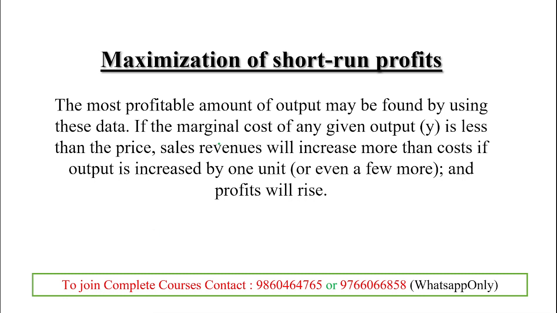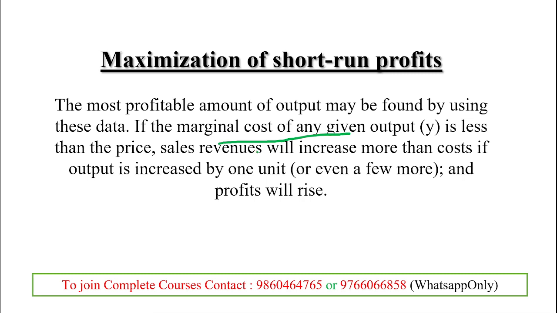If the marginal cost of any given output is less than the price, sales revenue will increase more than the cost. So here the profitability of the firm is given by the marginal cost.